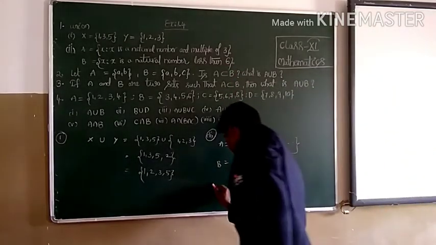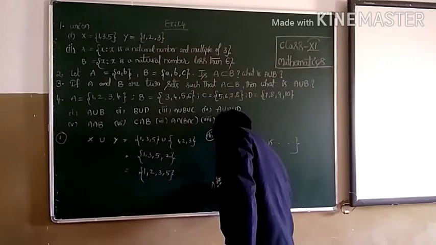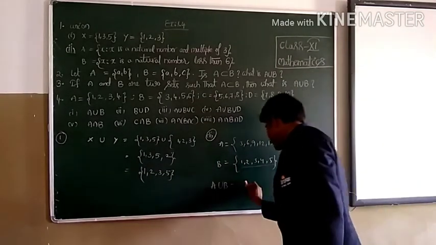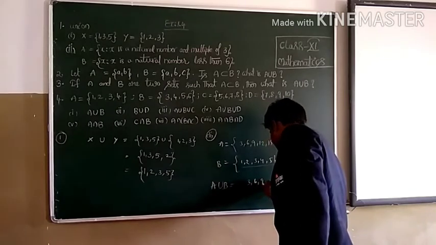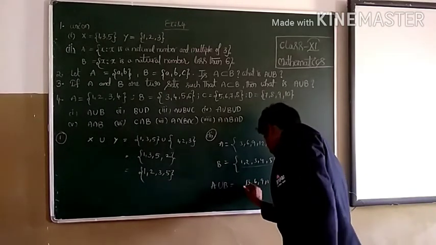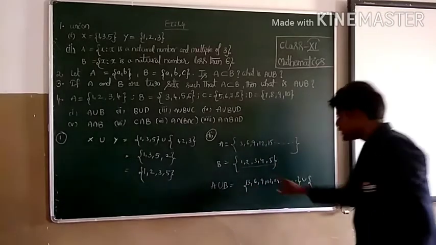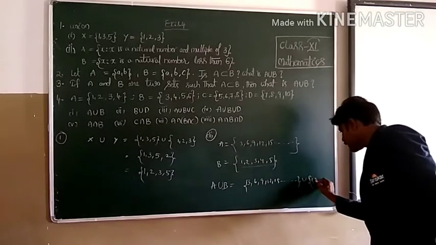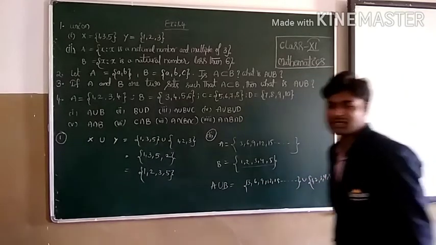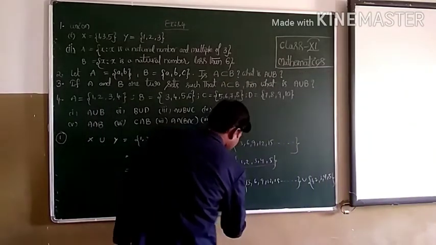Now we need to find the union of sets A and B. A union B means 3, 6, 9, 12 and 15 and so on, together with 1, 2, 3, 4 and 5. So we write the elements in both sets.